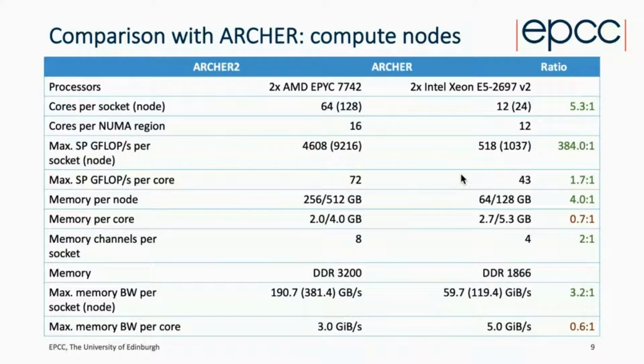Sorry, Michelle, yes, you're right, my ratio is wrong there. In terms of the memory per core, I'll correct that on the slides that go up on the website. Thank you for pointing that out. I should check my slides more carefully before I present them. Is that the lesson there? So the memory per core is actually lower on ARCHER2 compared to Archer.